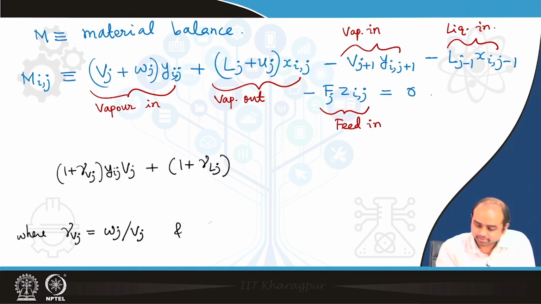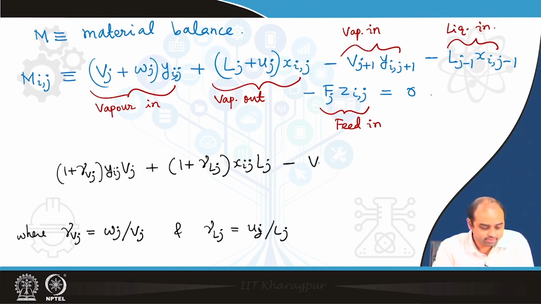Similarly, Lj is Uj, just a different way of writing, right? So Xij Lj is the total component liquid flow rate.